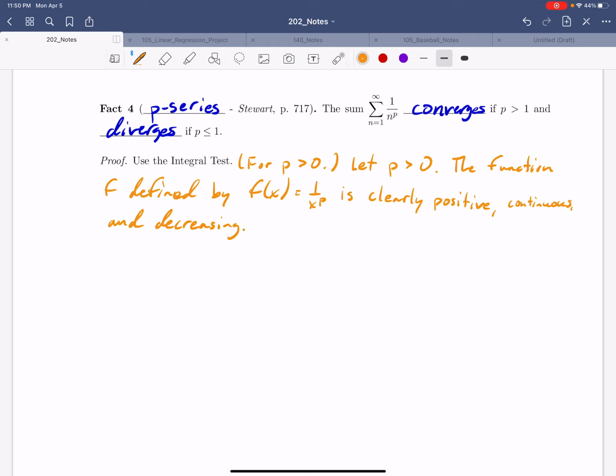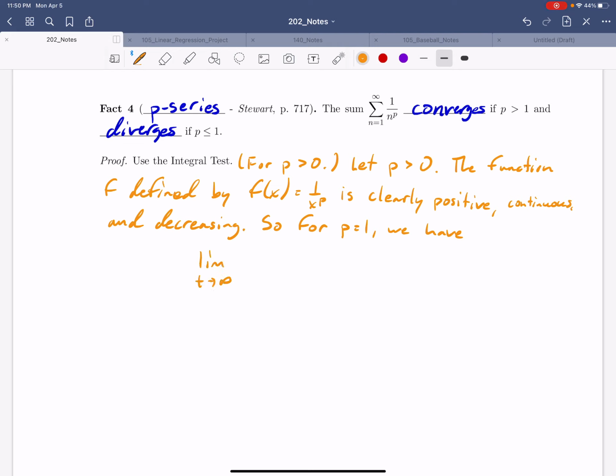Okay? So use the integral test, right? We already stated that up here. So what we're going to have is, first for p equals 1, we have the following, right?